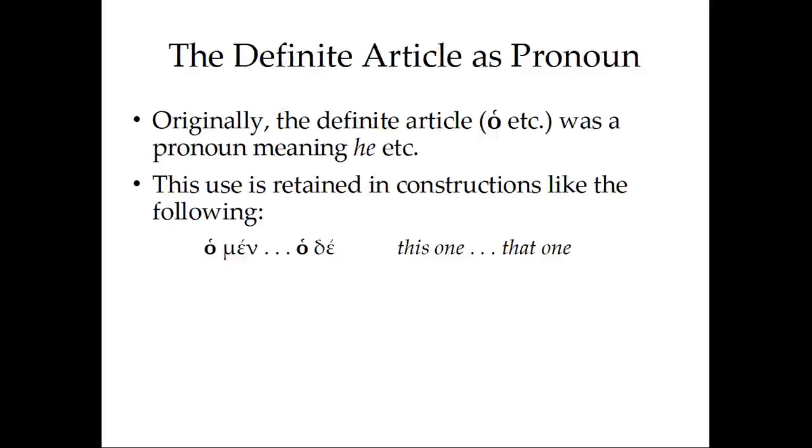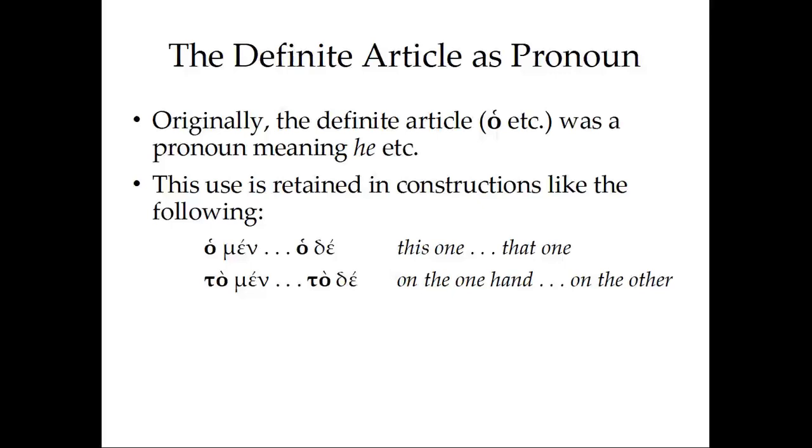So ho men, ho de would be something like "this one and that one." Men and de usually show some sort of contrast or parallelism, and we're not going to see any other word apart from the definite article here. Another example is ta men, ta de. This is really an idiom: "on the one hand, on the other." Really the ta is referring to an "it."